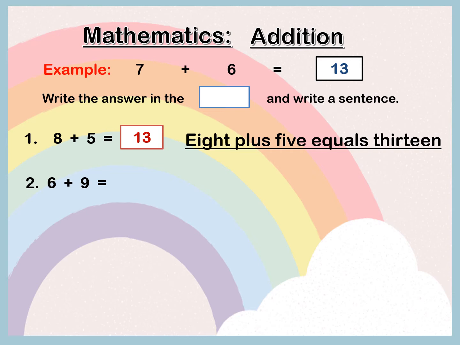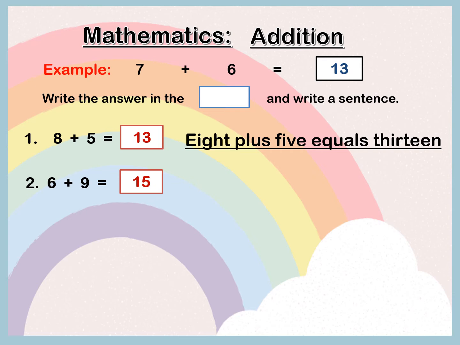Ready? 10, 9, 8, 7, 6, 5, 4, 3, 2, 1, 0. Okay, 6 plus 9. What do you think is the answer? The answer is 15. Okay, so we have 6 plus 9 is equals 15.